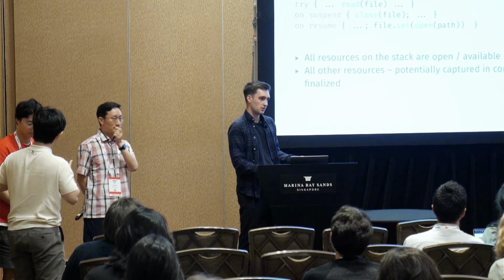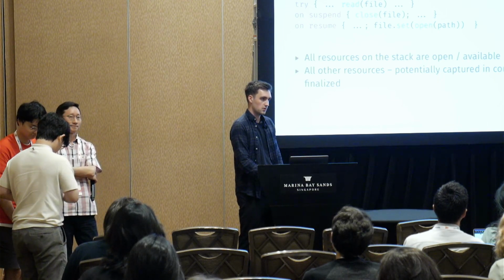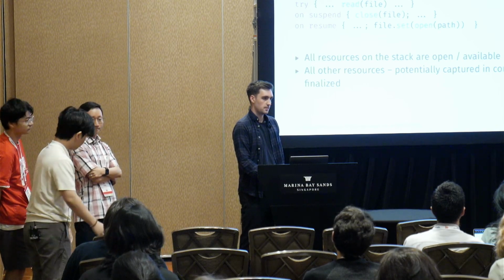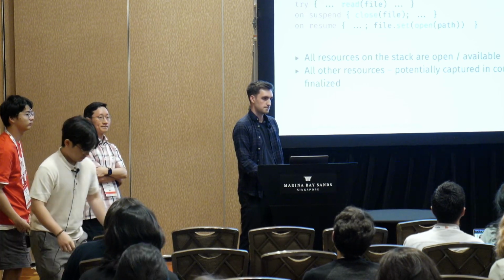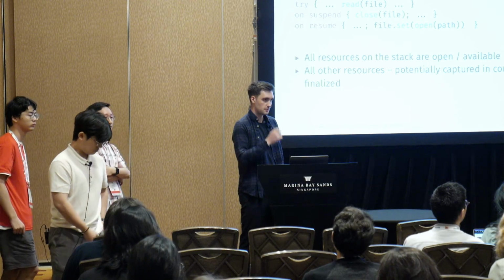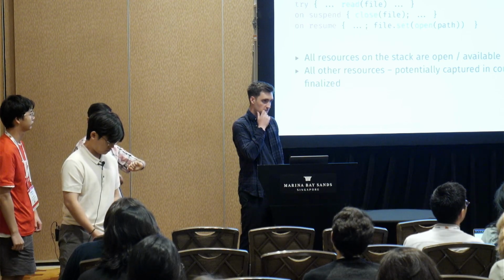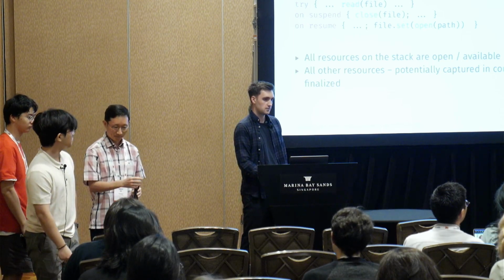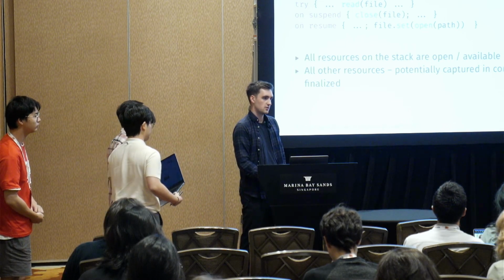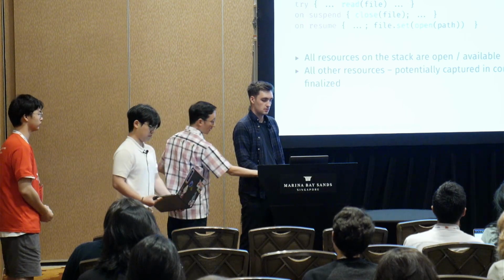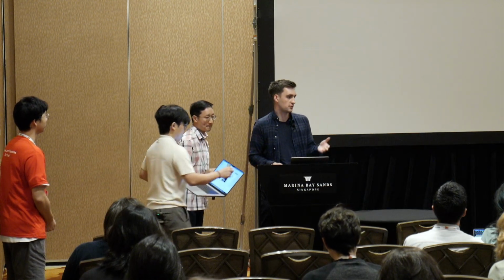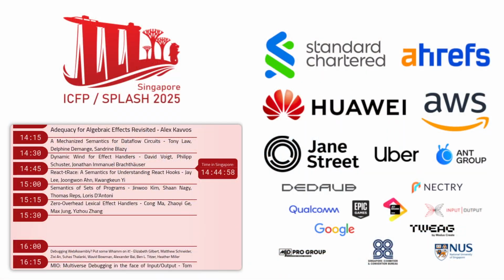For every time you close it, you open it again on resume. But if you have a handler such as flip, would the resume run twice for every time suspend runs once? No, suspend is also executed twice. Oh yeah, of course. But I'm happy to discuss this offline. Okay. Yeah.